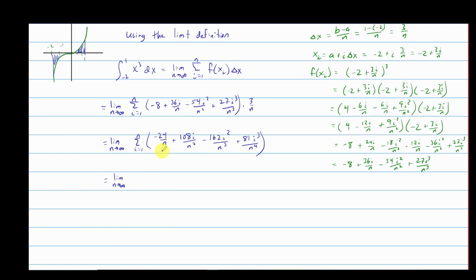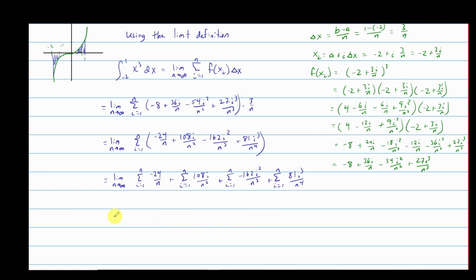What I'm going to do is say I have a sum of 4 things added. I can break that up into 4 separate sums. So we have the sum from 1 to n of negative 24 over n plus the sum from 1 to n of 108i over n squared plus the sum from 1 to n of negative 162i squared over n cubed plus the sum from 1 to n of 81i cubed over n to the fourth.